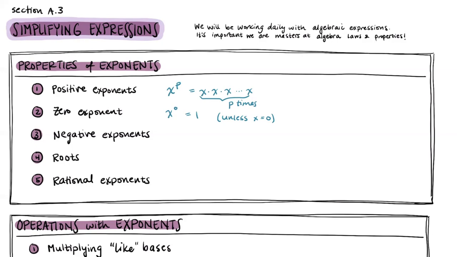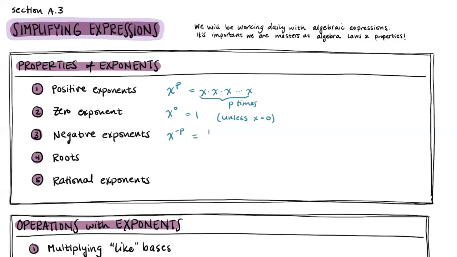Then we can also have negative exponents. So if we write something like x to the negative p, and again, I'm using p as a placeholder for any number in general, it's kind of weird to think about what raising something to a negative power means. We use this as a shorthand notation to mean actually a fraction.